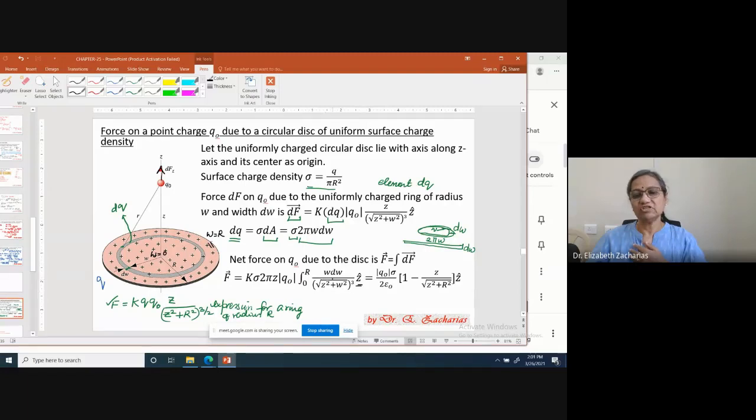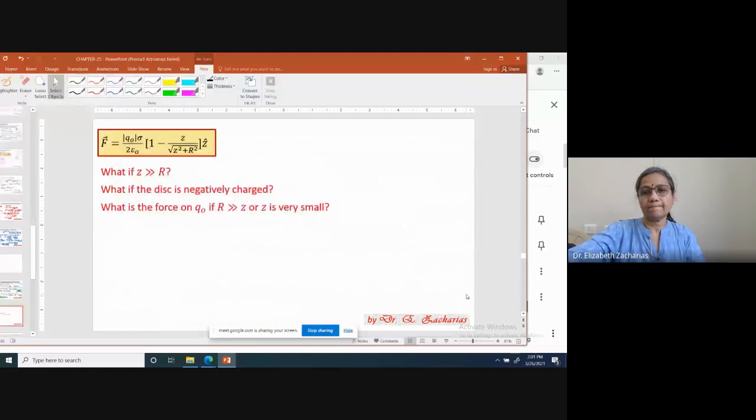Now if I complete this integration, this is the answer I'm going to get. So if I have a uniformly charged plate and a charge Q0, it will experience a repulsive force along the axis in the upward direction. That's it.